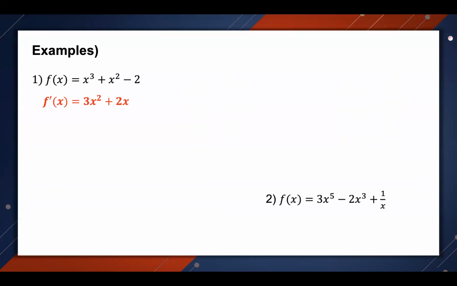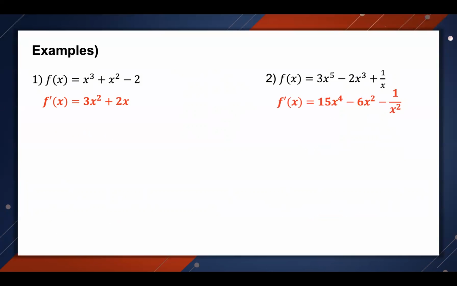And for another one, f of x equal to 3 times x to the power of 5 minus 2, and 2 times x cubed plus 1 divided by x. So f prime equals, and we use the power rule on the first portion, 3 times x to the power of 5.